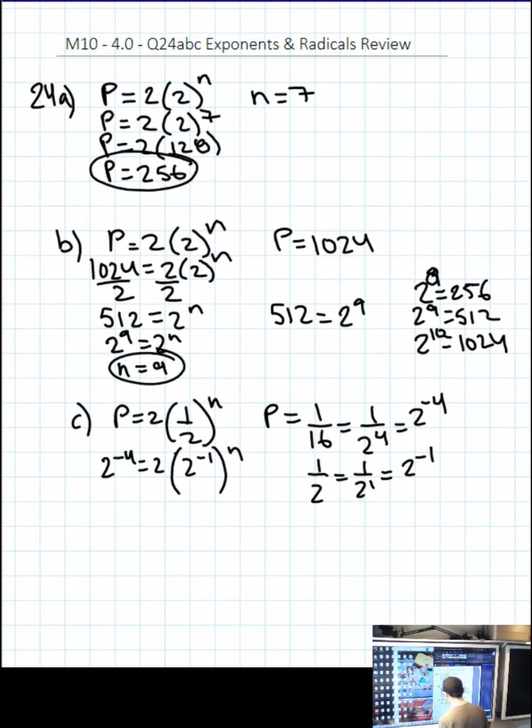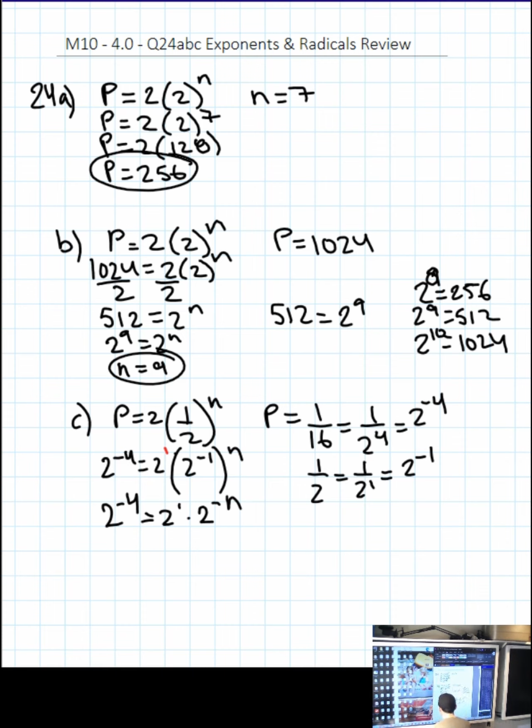So now I'm going to be doing a bunch of stuff. On the left-hand side, I'm going to leave 2 to the negative 4. On the right, I'm going to give the 2 in front an exponent of 1. So that's equal to 2 to the 1 times 2 to the, then we're going to multiply our exponents, negative n.